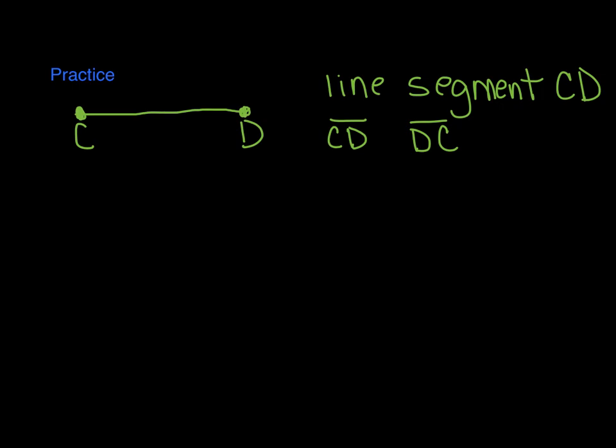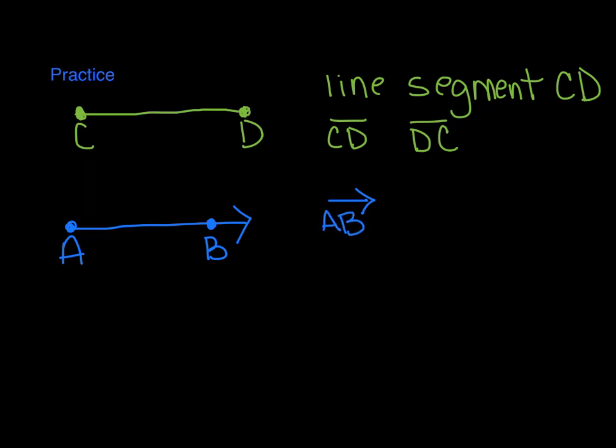Now, if your directions said draw ray AB, you're going to draw an endpoint, and then you're going to use your ruler just to extend that out and put your arrow. You would put an A here, and then you would put a point down here somewhere before your arrow, and this would be ray AB.